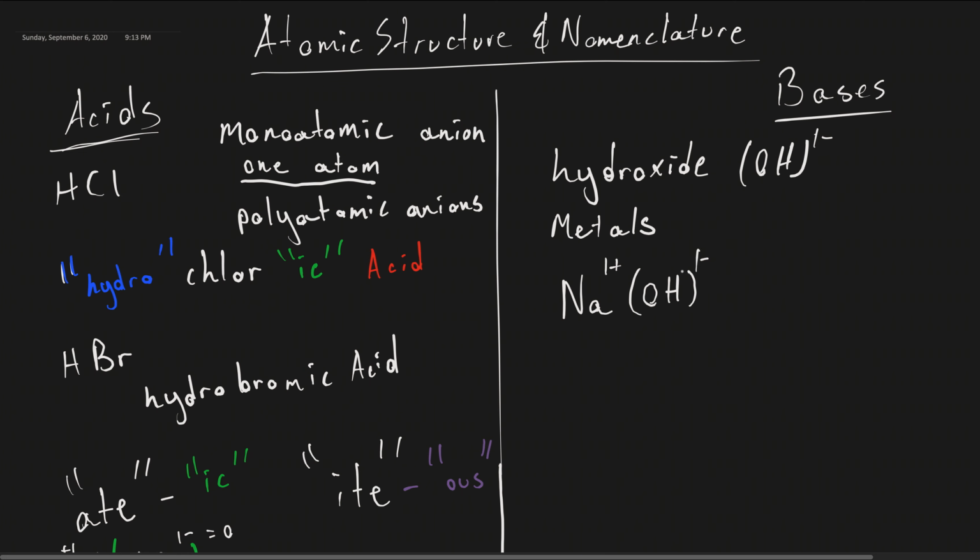And so we see that that positive 1 minus that 1 would equal that net charge of 0 that we were talking about. And so in this case, they would simply be named sodium hydroxide. Right?